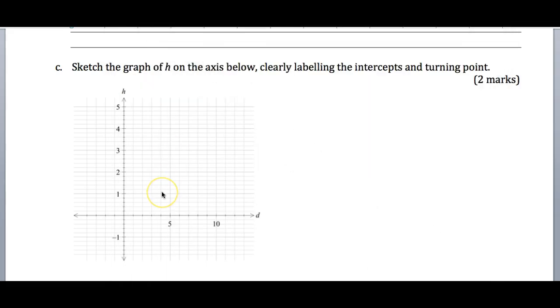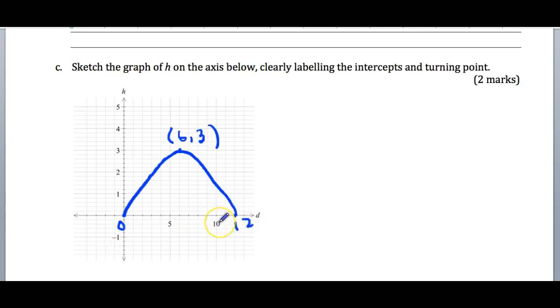So when you're sketching it, you've got an x-intercept or d-intercept at 0, and then 12, and then your turning point is halfway, it's 6, 3. So there's the ball, okay, and let's just label the intercepts 0 and 12.